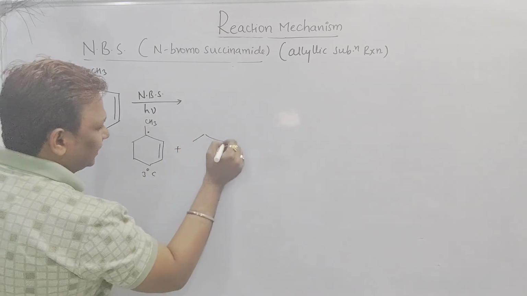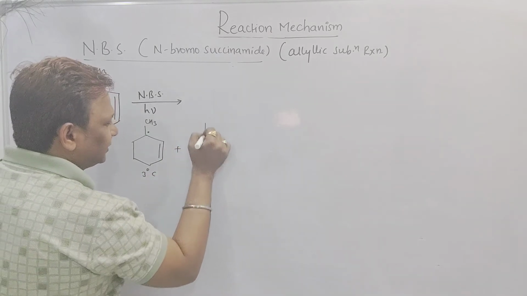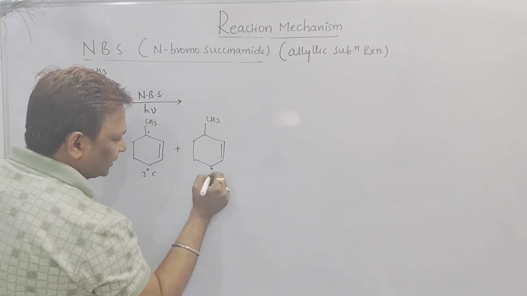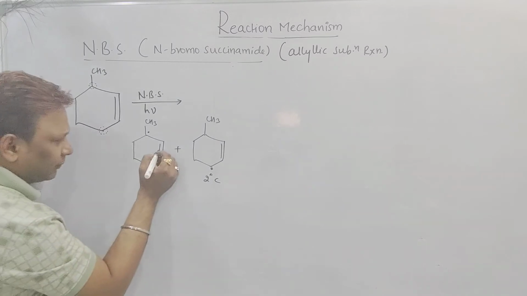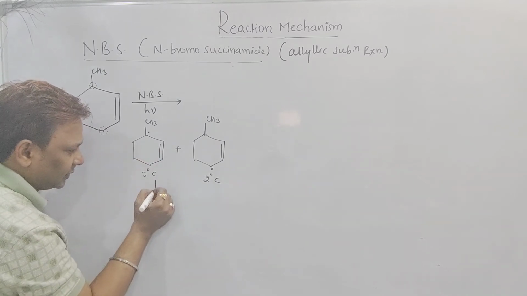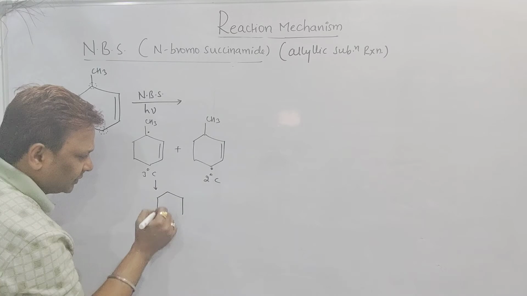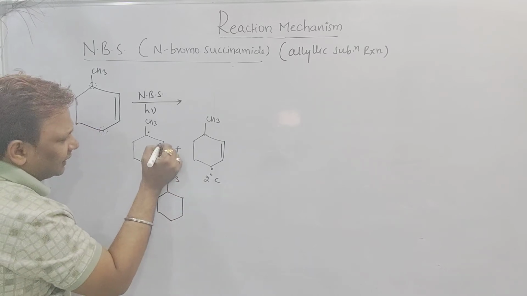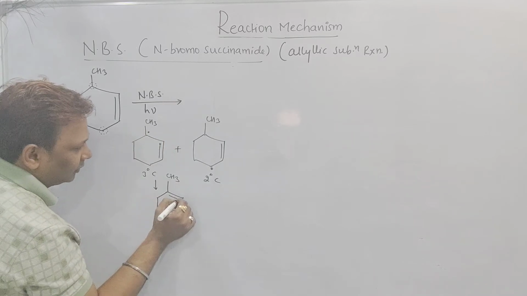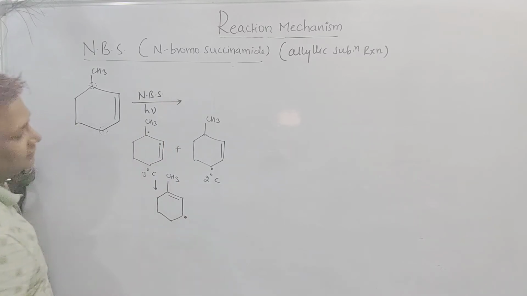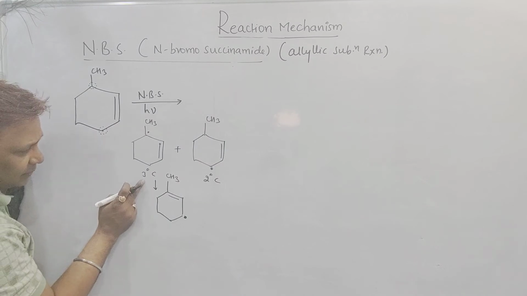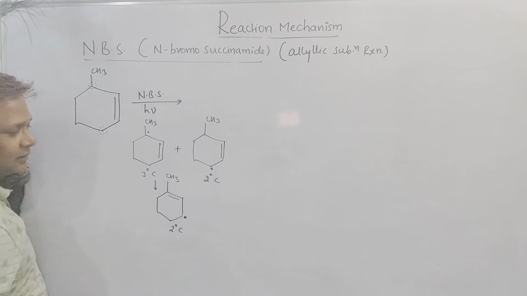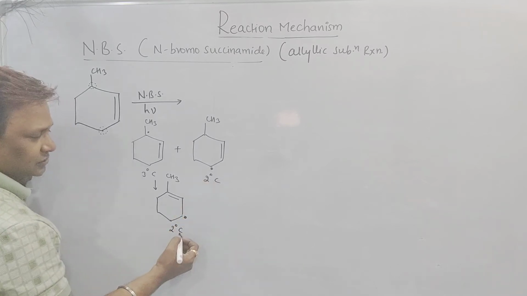But another one is that I am getting CH3 here and one more radical, which will be called a secondary radical. If we break this pi bond, we can get one CH3 here. These radicals will make a pi bond and we get one more radical. See beta, from this tertiary carbon free radical, I got one more secondary carbon free radical. Here also secondary, here also secondary.